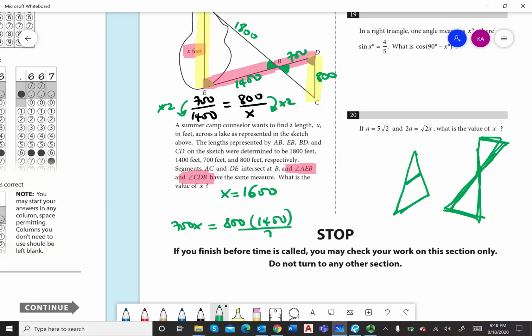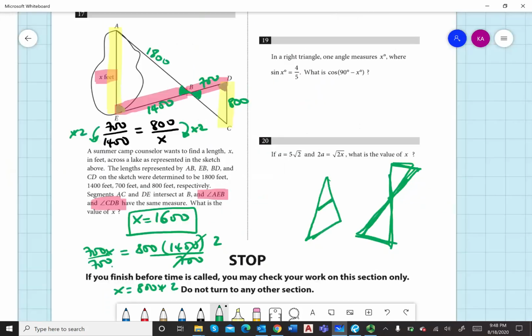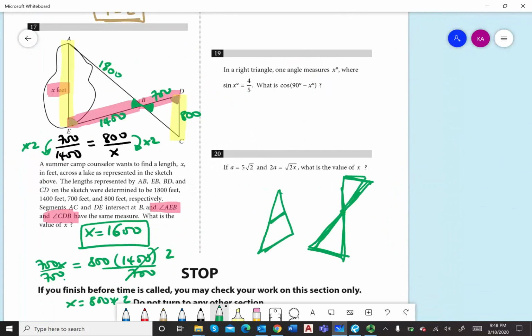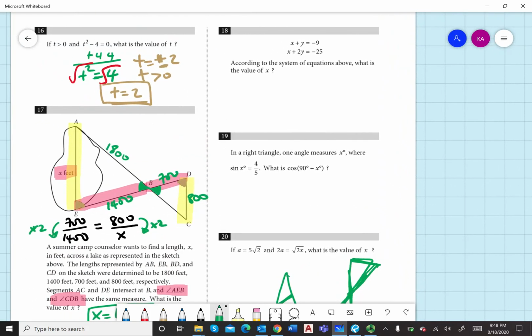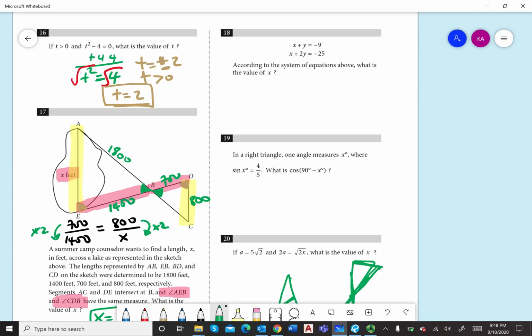Then you divide by 700. This is going to give you 2. So x is going to be 800 times 2, which is the 1600 that we got here. Just remember to be careful. All right. And you want to always box your answers also, right?